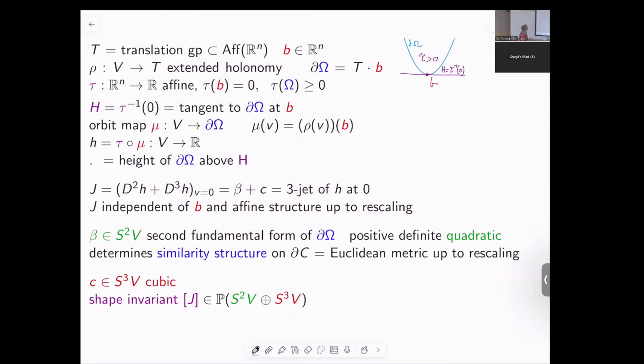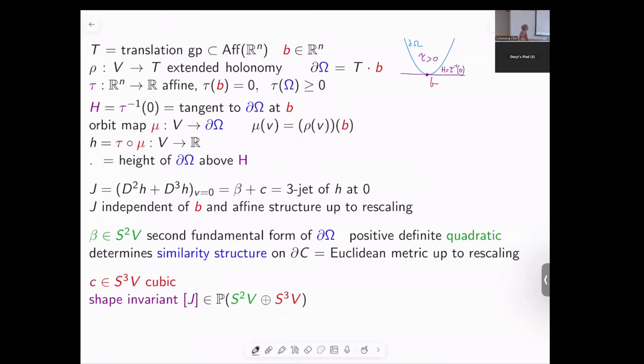And then we've got the orbit map. So the boundary of this domain is the orbit of a point under this translation group. This translation group is given by a homomorphism from the vector space V, R to the n-1, to T. And that homomorphism is rho. The orbit map sends a point in V to the point you get in omega by moving the base point B by the image of V under the representation.